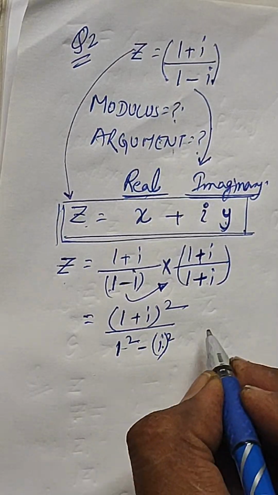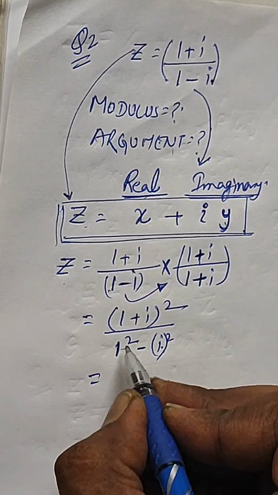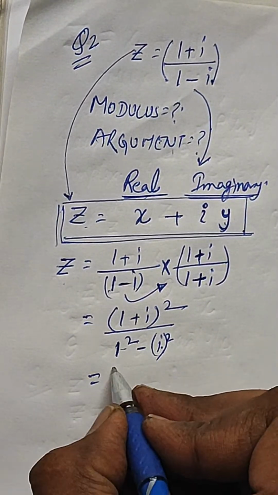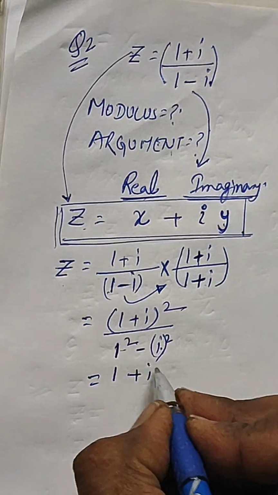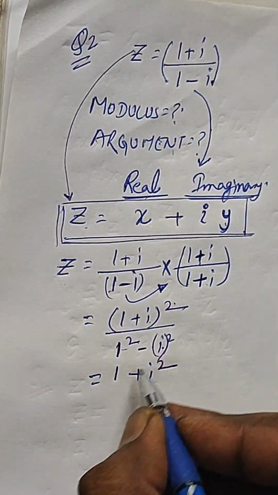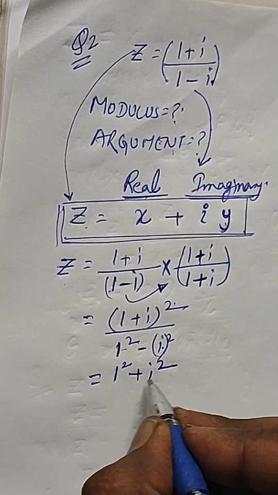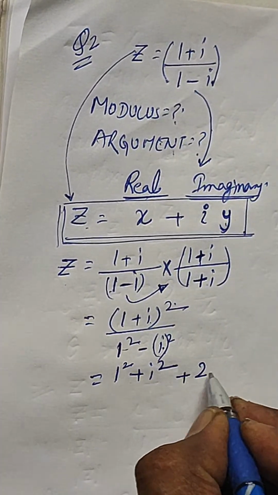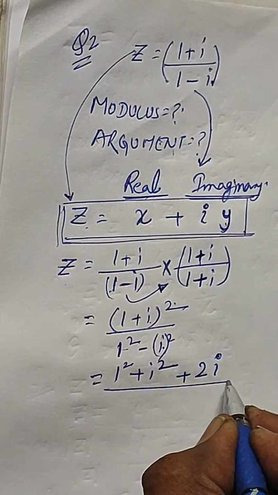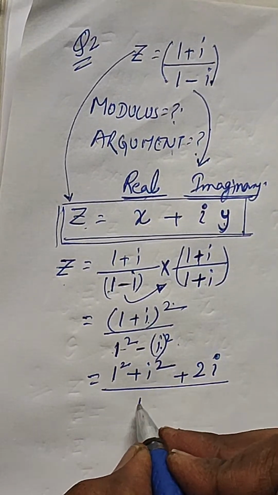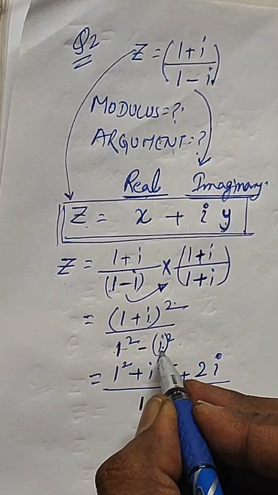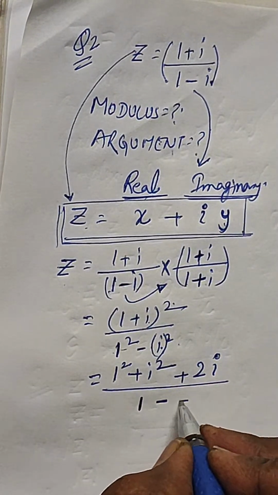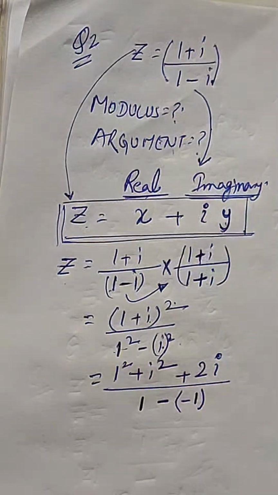Just expand this. When you expand this, (1 plus i) whole square becomes 1 square plus i square plus 2i, divided by, in the denominator, 1 minus i square, which is minus, so it will become like this, right?